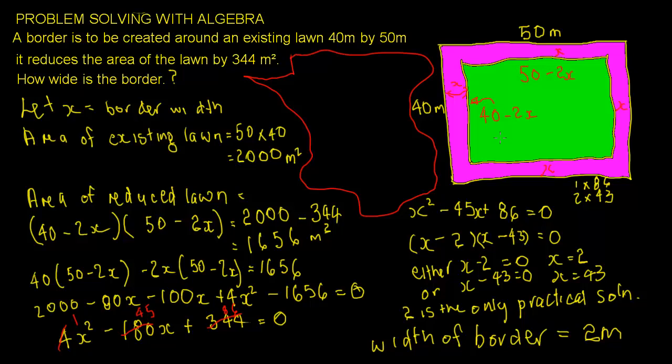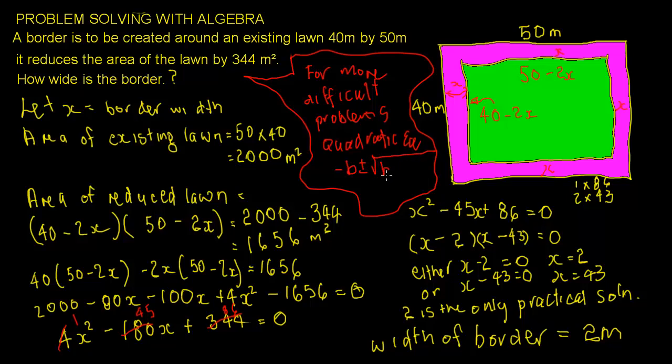There's always the possibility, for more difficult problems, we can use the quadratic equation, which is negative b plus or minus the square root of b squared minus 4ac all over 2a.